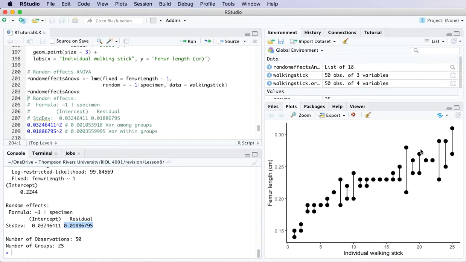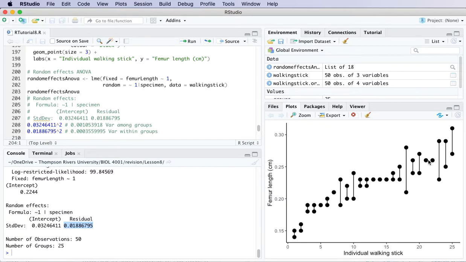So if we refer to this graph here, and if we think about the variability of each walking stick, kind of how variable the two measurements are for each individual walking stick. So the variability for this one we can kind of see, visualize it in the graph by the distance between the 2 points. So we can do that for each of the walking sticks.